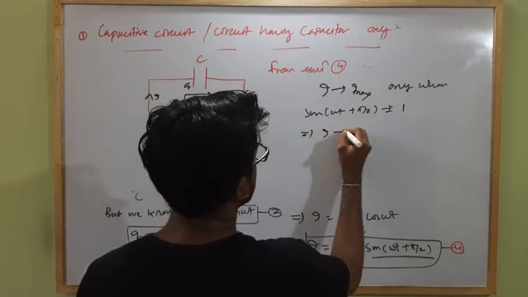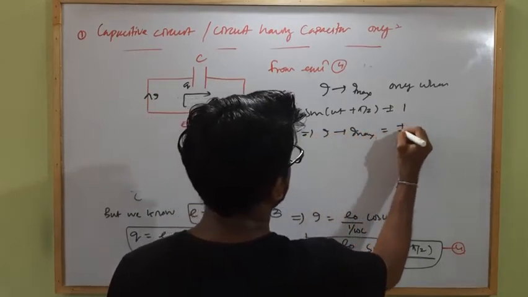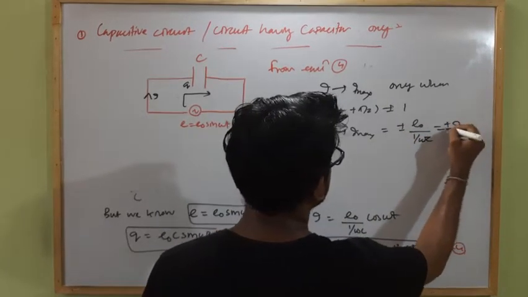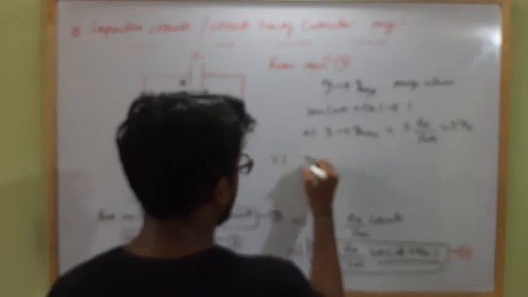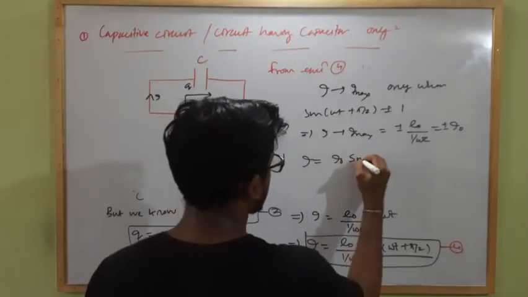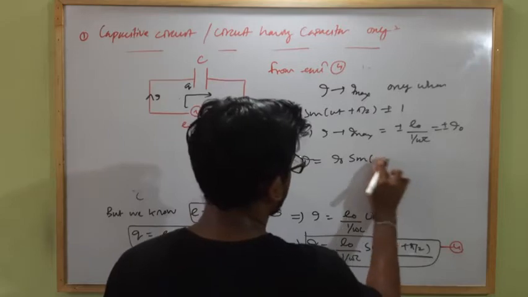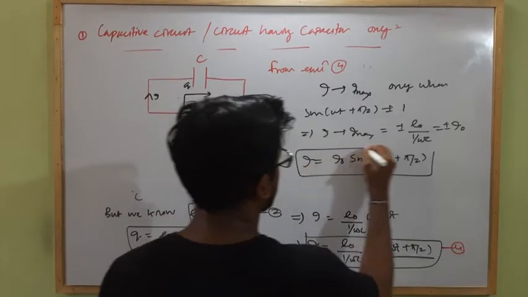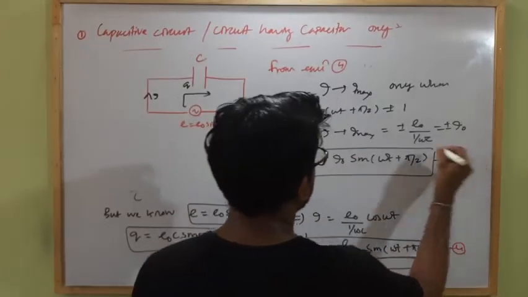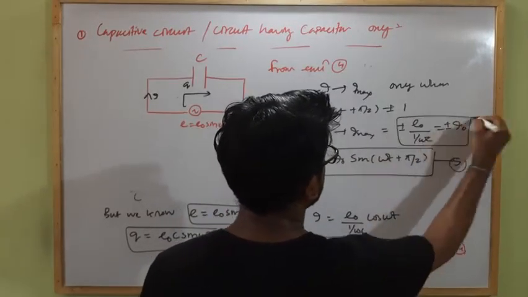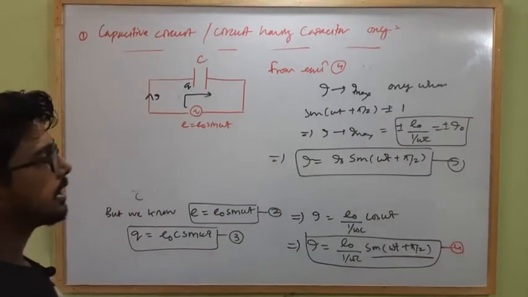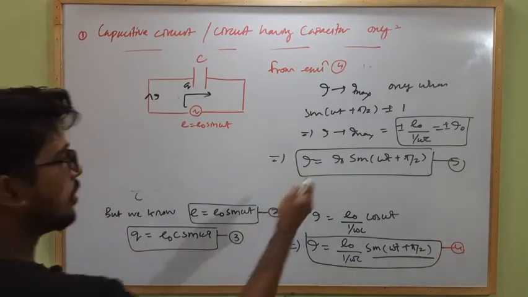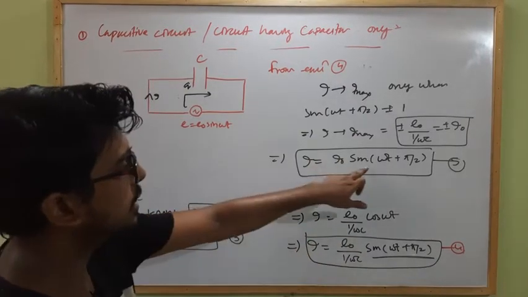So I max equals plus minus E naught divided by 1 by omega C, which is equal to plus minus I naught. So you can write I equal to I naught sin of omega t plus pi by 2, equation 5, where I naught is E naught divided by 1 by omega C.